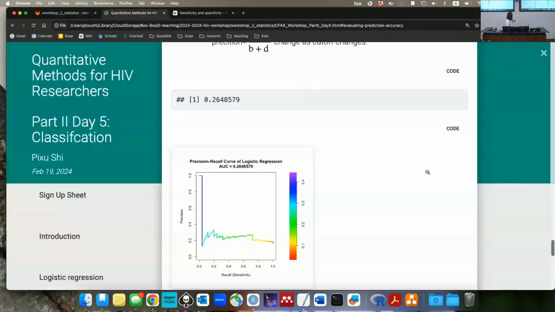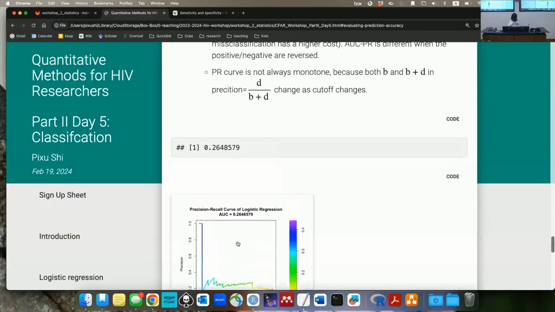The area under this precision recall curve is also the larger the better. Normally it's more of a monotone shape, but because the precision is not increasing monotonely as you change the cutoff, you may see some wiggling here. But it's the larger the better.